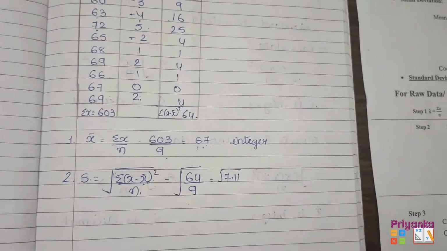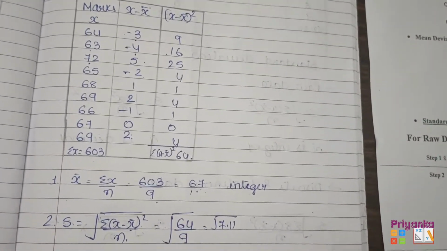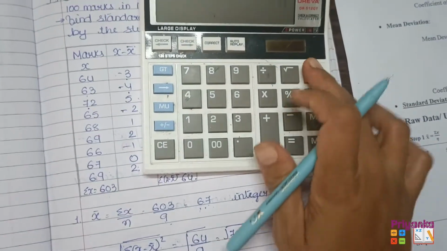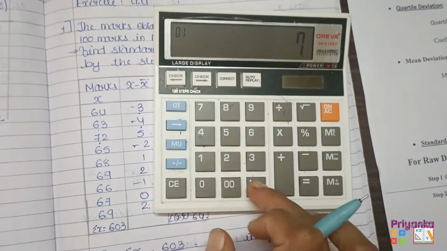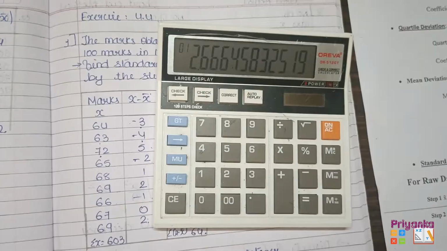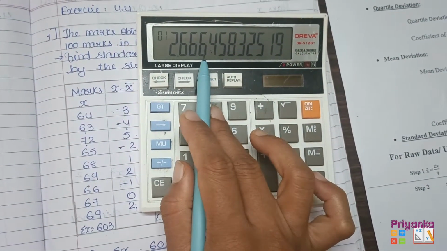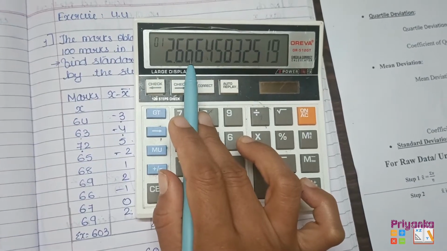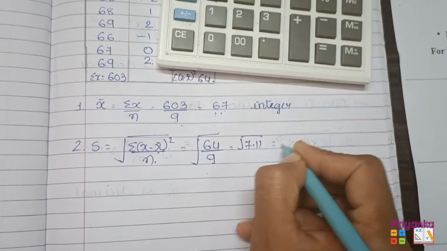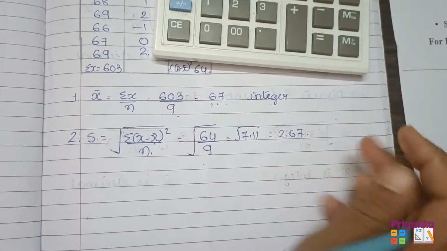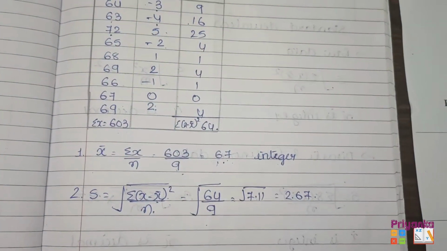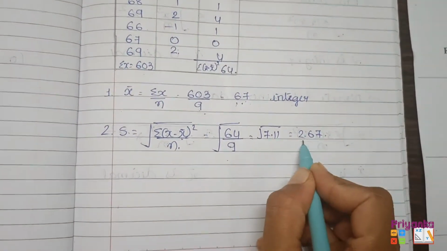In your calculator, there is a root sign. 7.11, just remove the ones. You will get 2.66. The third digit is more than 5, so the previous digit increases by one, that is 2.67. The third digit was more than 5, that's why it changed.